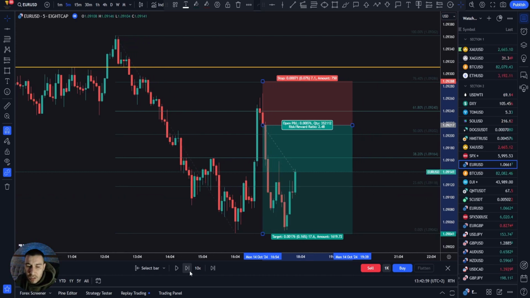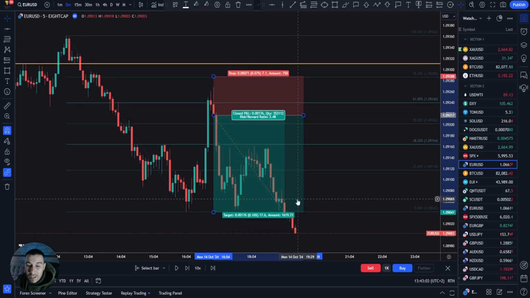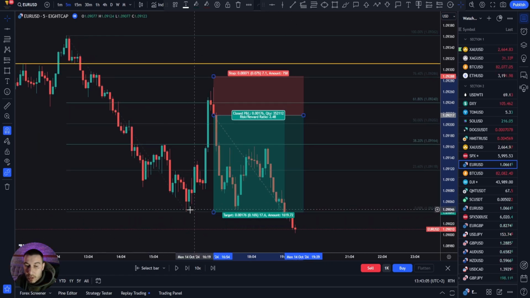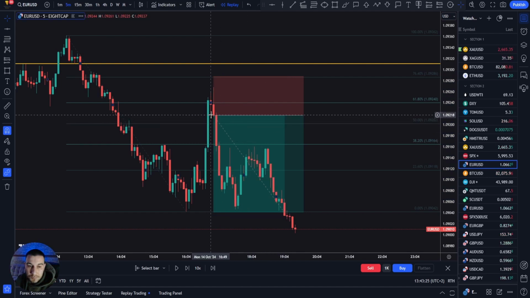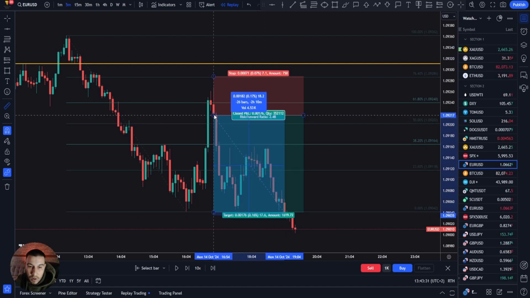And as you can see, price easily breaks below this previous market structure right here, eventually continuing even lower. So this is a pretty decent trading strategy. It's kind of a day trading strategy because it only takes price about 2 hours to complete this trade all the way down to TP.